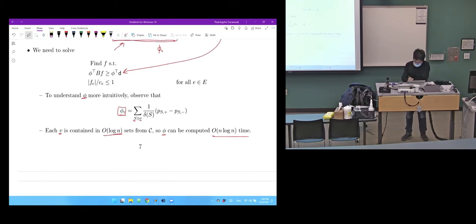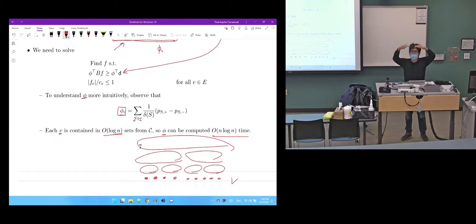So the way to think about this is you have your graph here, maybe you have a node V here, and then there is some family. The congestion approximator looks like this, right? It's just a laminar family of the whole vertex set. For each of the sets here, you have two numbers associated with it, the p_S plus and p_S minus.